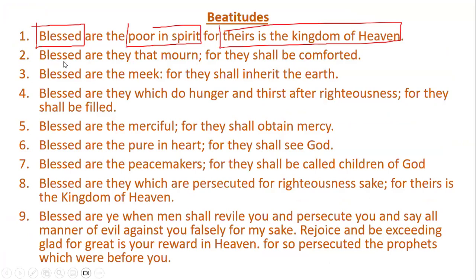And you have the blessing, blessed, the quality of life, they mourn, and they shall be comforted, that's the reward. The blessing, blessed, the quality of life, meek, and then you have the reward, for they shall inherit the earth. And each beatitude is segmented into those three parts: blessing, quality of life, and then reward.